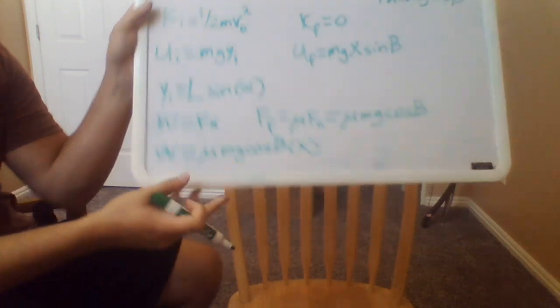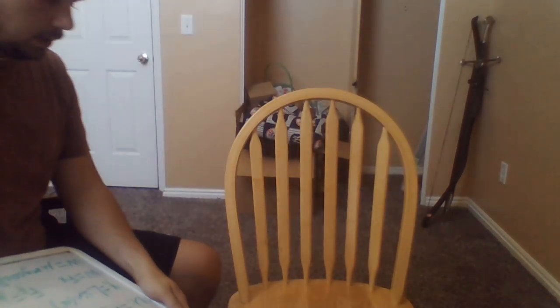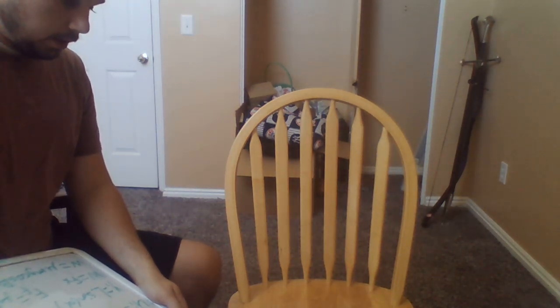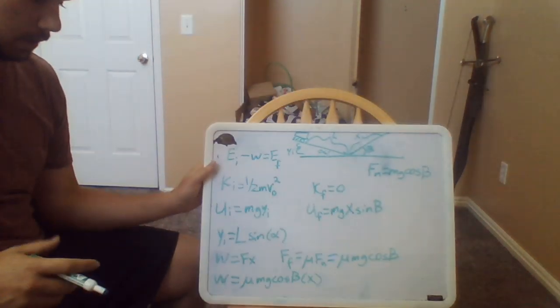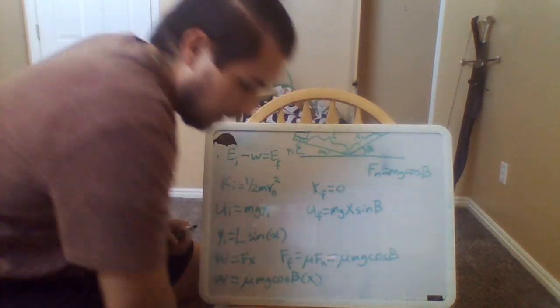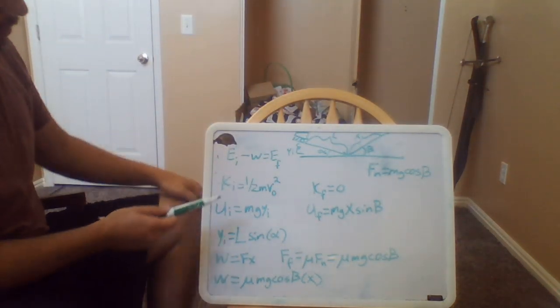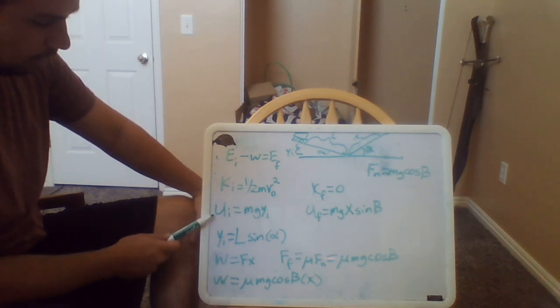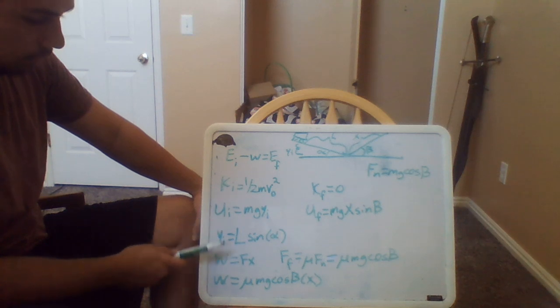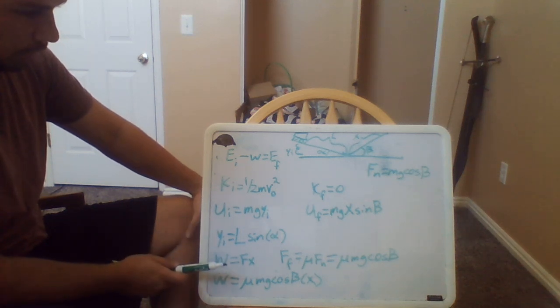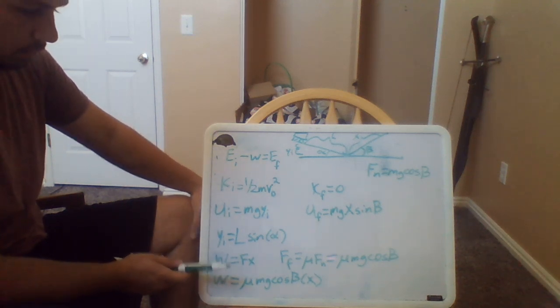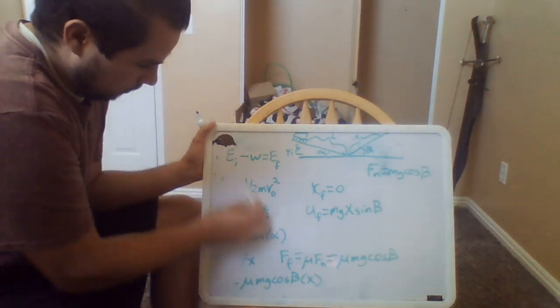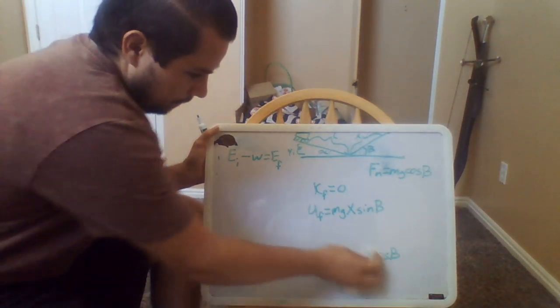So we add all these together, and I think I'm going to have to erase some so that we have room. But we basically connect, just so you know what I'm going to be doing, we're going to set all of our initial kinetic and potential energies equal to our final kinetic and potential energies and see what we come up with. So let me just make room because it's a pretty big part to this.